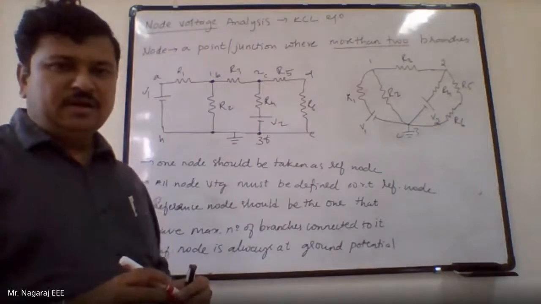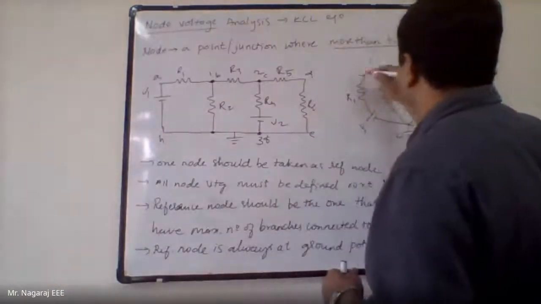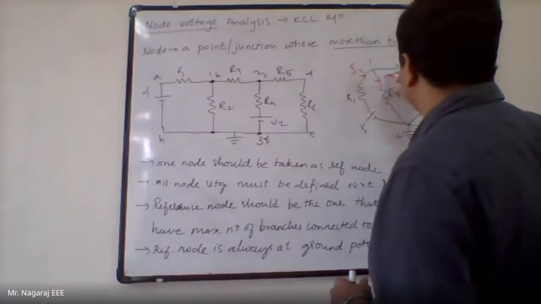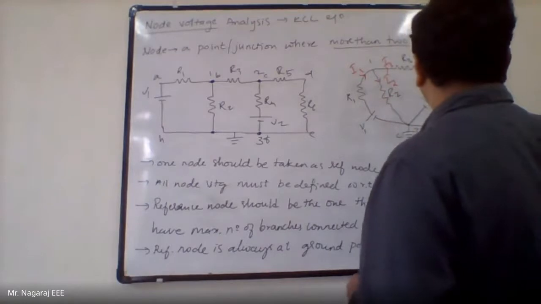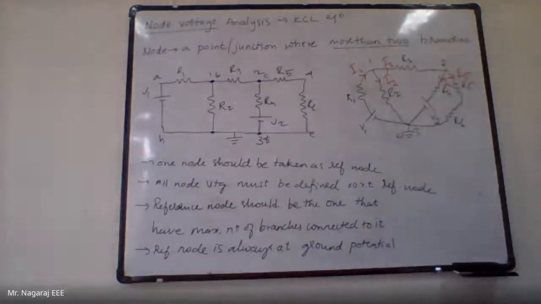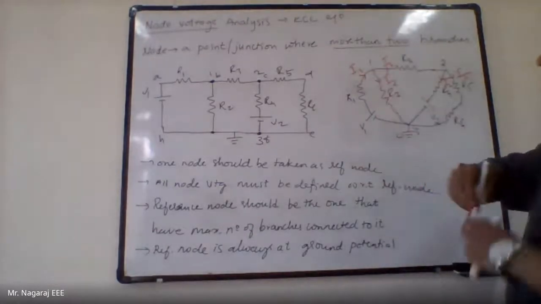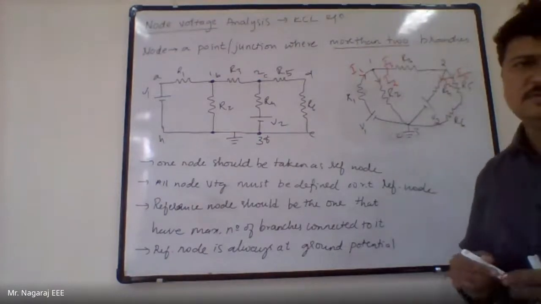Say I will define it as I1, I2, I3, I4, I5. Okay. You don't worry about KCL and all those things here.